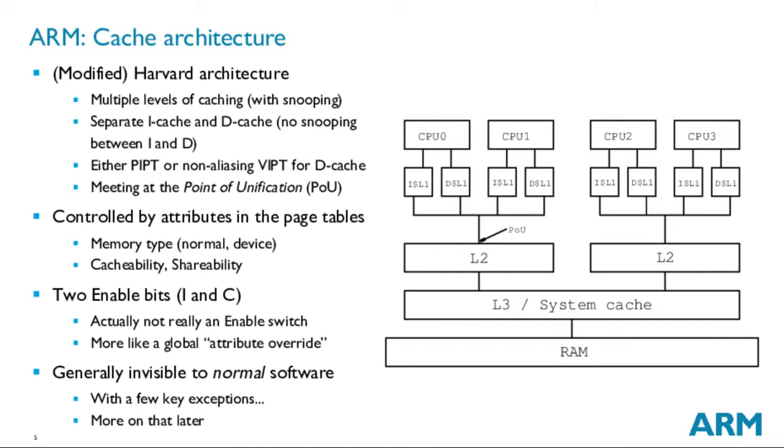So the architecture itself is not really innovative in any way. It's actually quite boring. You have multiple levels of caching. You can snoop across the different levels. We have separate I and D caches, no snooping between the two. It's fairly standard on a RISC system.